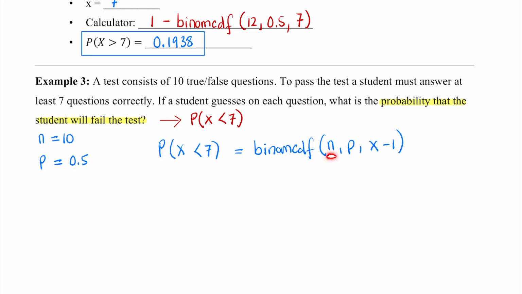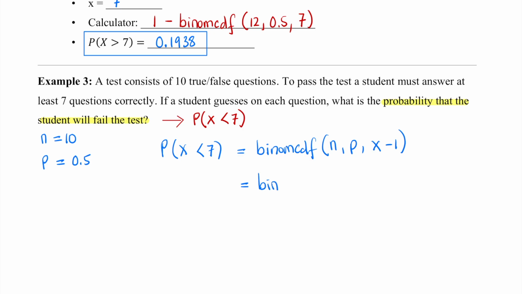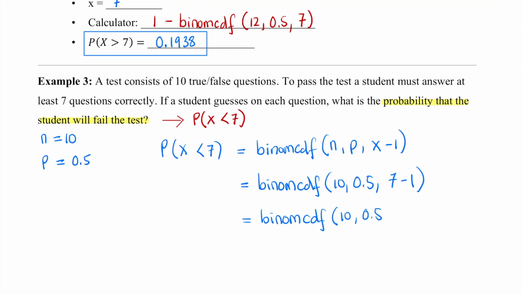N is 10, p is 0.5, x is this number. And 7 minus 1 is 6. So we have binomcdf of 10, 0.5, 6. And we are going to put this in our calculator.